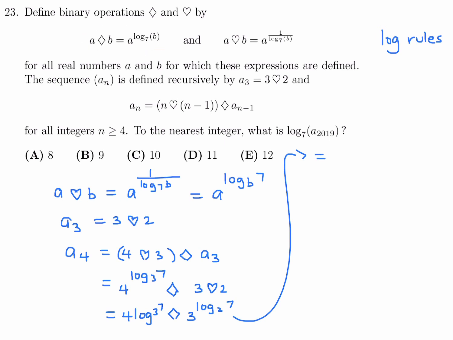So that's going to be 4 to the exponent log of 7 to the base 3 to the exponent of log of base 7 to the b. So that's 3 log 7 to the base 2.